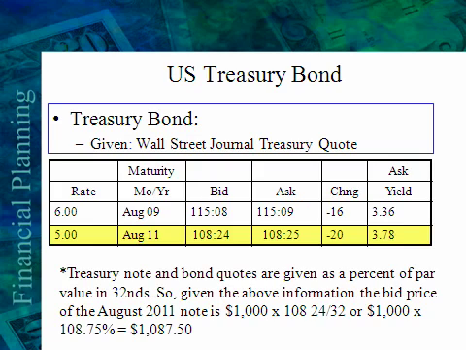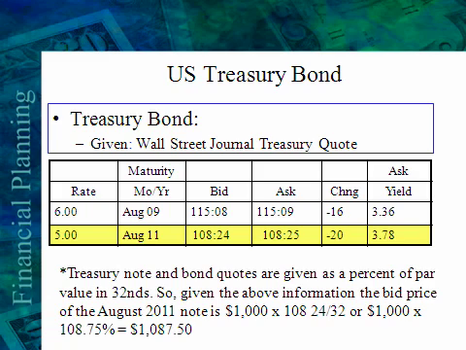Treasury note and bond quotes are given as a percentage of par value in 32nds. Take a look at this Wall Street Journal quote depicted on your slide. The bid price of the August 2011 5% note is 108.24. That means the note is selling at 108 and 24/32nds of par.